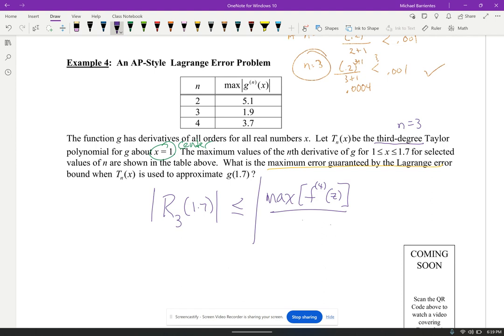Well, that would be 3 plus 1 factorial. Well, that's just 4 factorial times x minus c, and I know my x value, and I know my c value, to the n plus 1. Well, if n is 3, n plus 1 is 4. This is what the formula says.